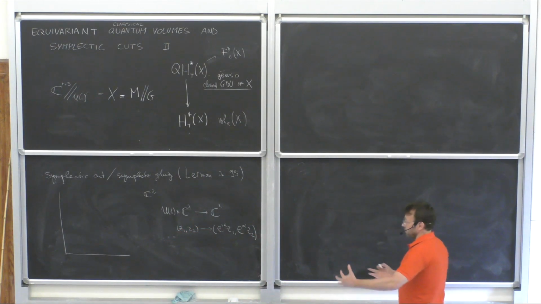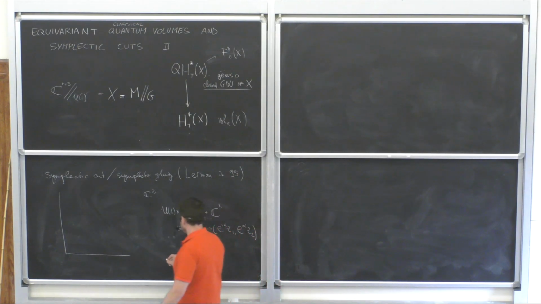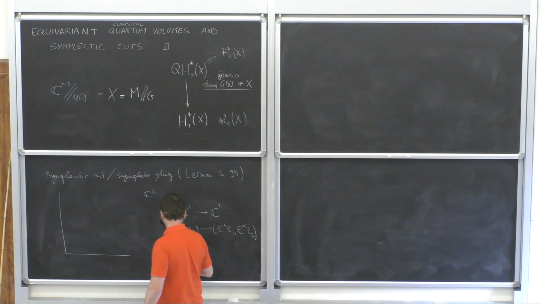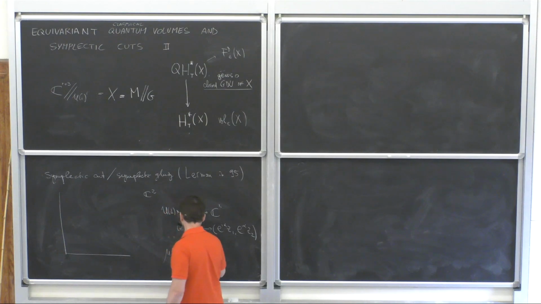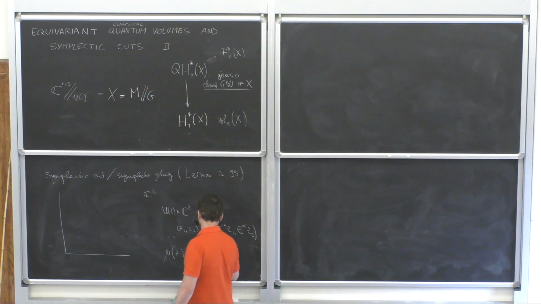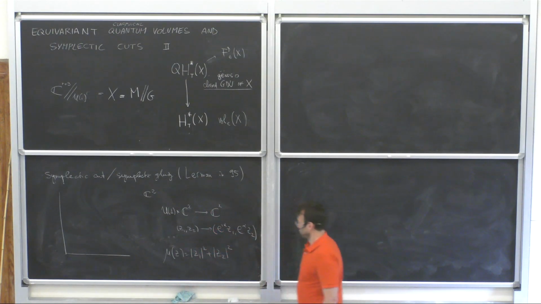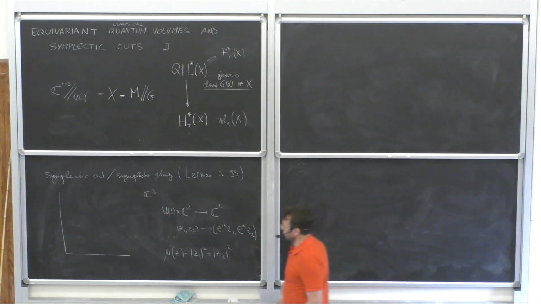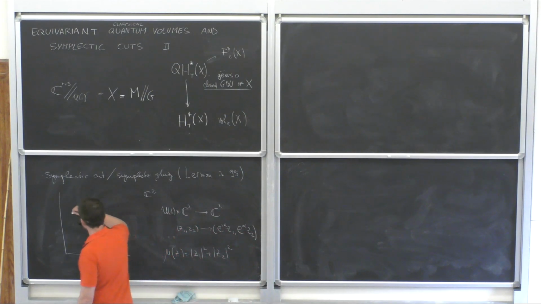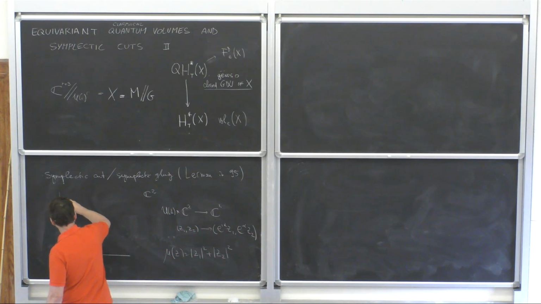And of course, for this action, I would have a moment map. So for this section, I will have this obvious moment map. Imagine that I take this plane and I draw the value of the moment map here.